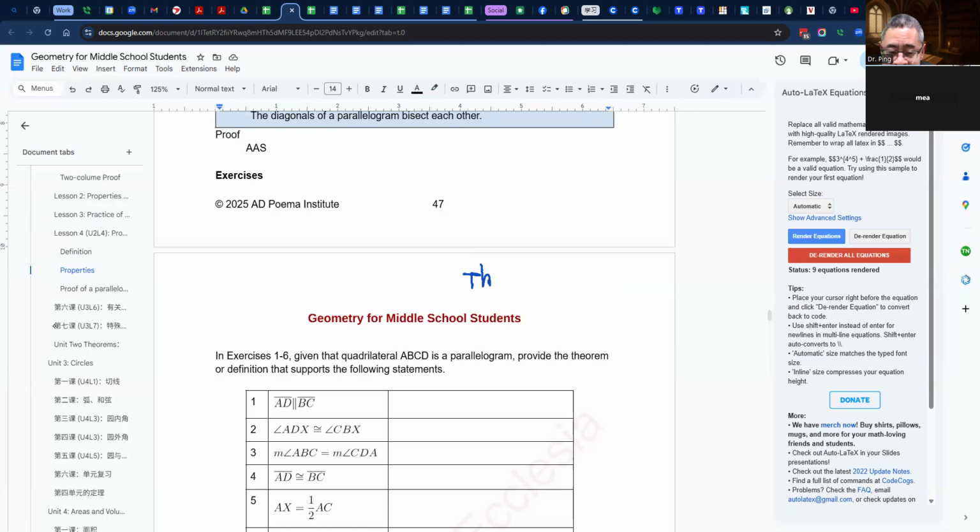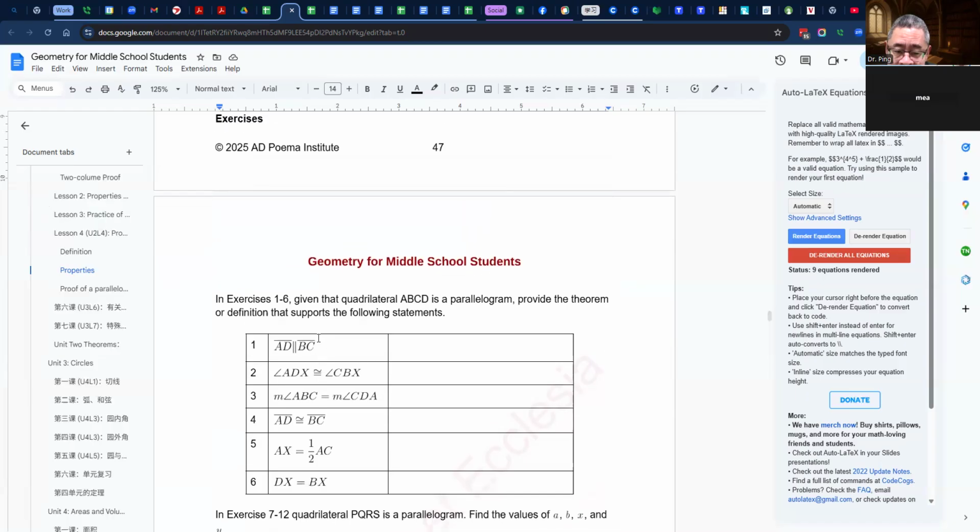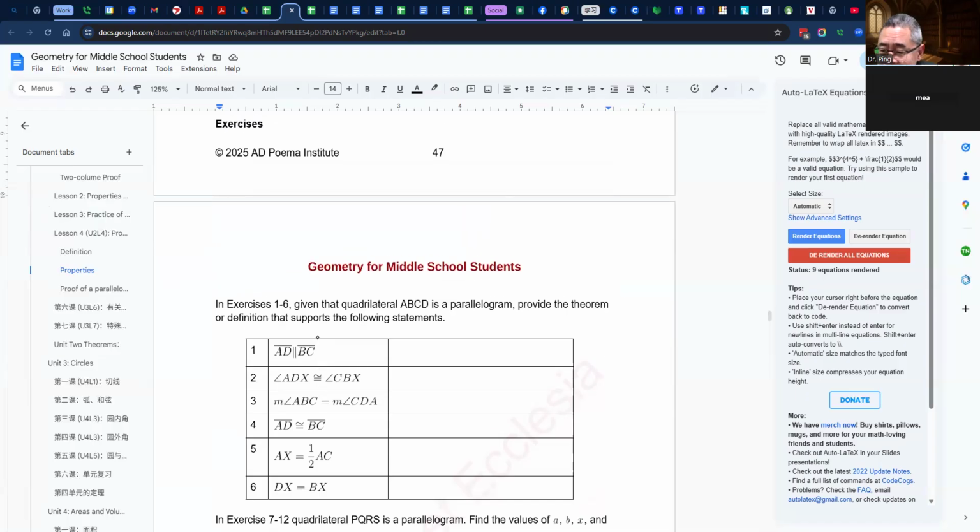The first theorem is corresponding sides are congruent.